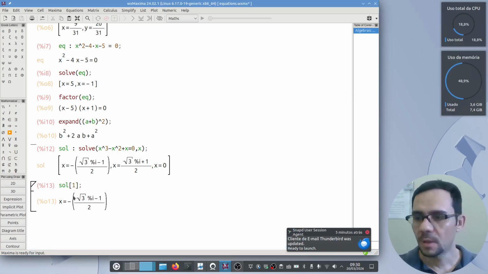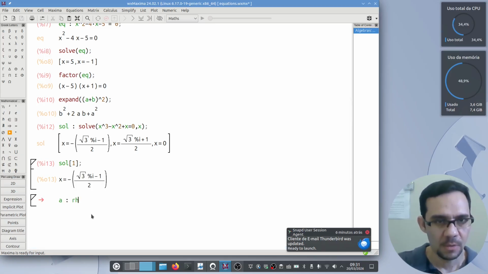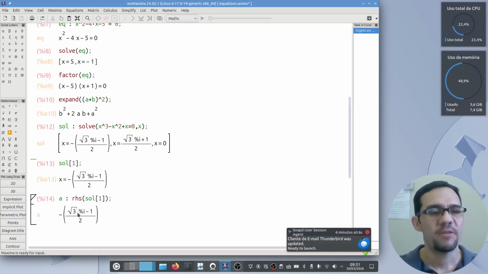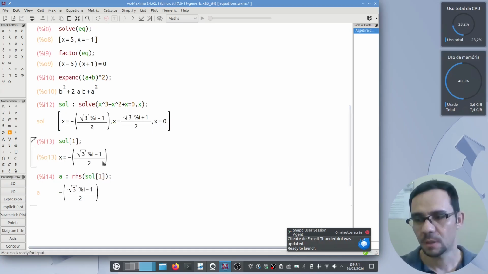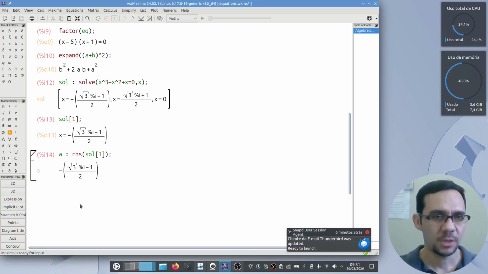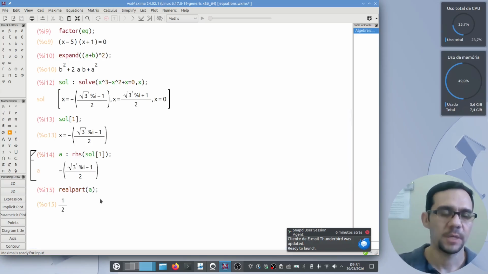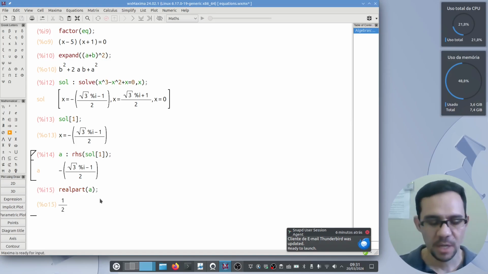And for example, I want to define the right hand side of this equation as a variable of Maxima. Then I can make this right hand side. Then my variable has this value, actually a complex number. So I want to select the real part of this solution. Then I can make this. I want to select the imaginary part.